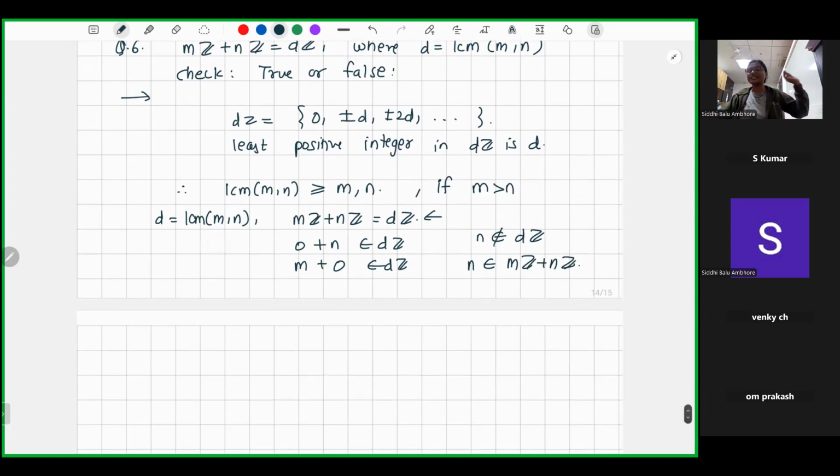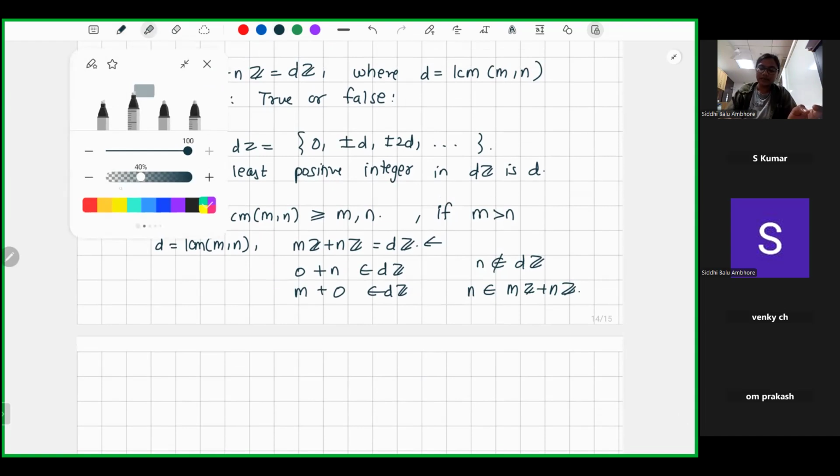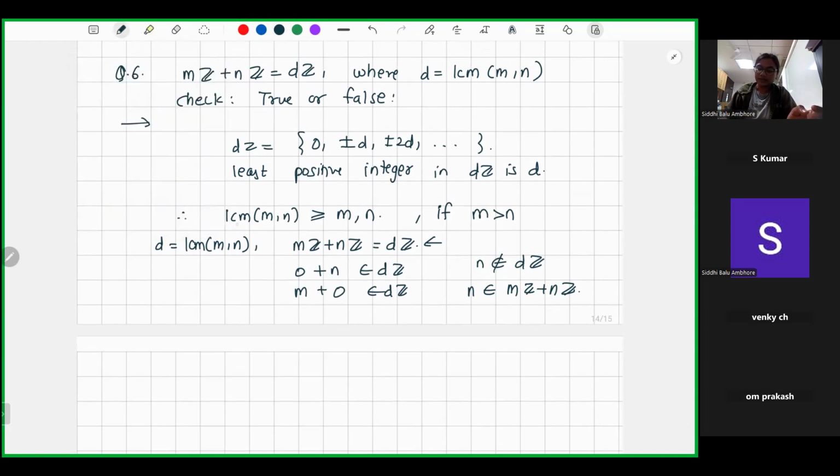Just by looking at the LCM, this does not hold. Just understand that the LCM is greater than or equal to both the elements.